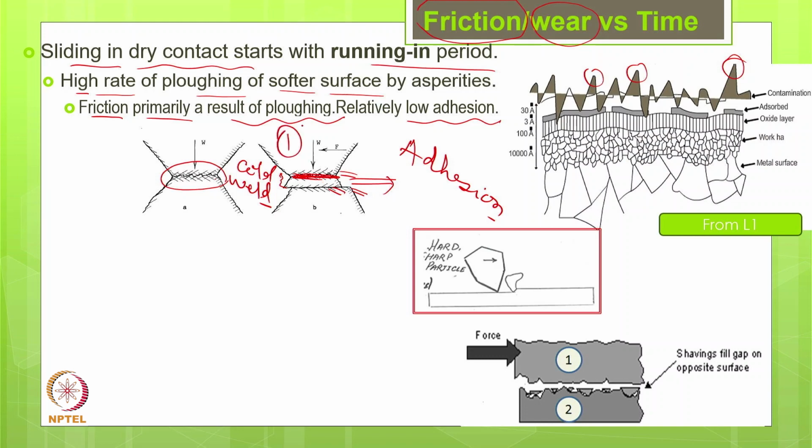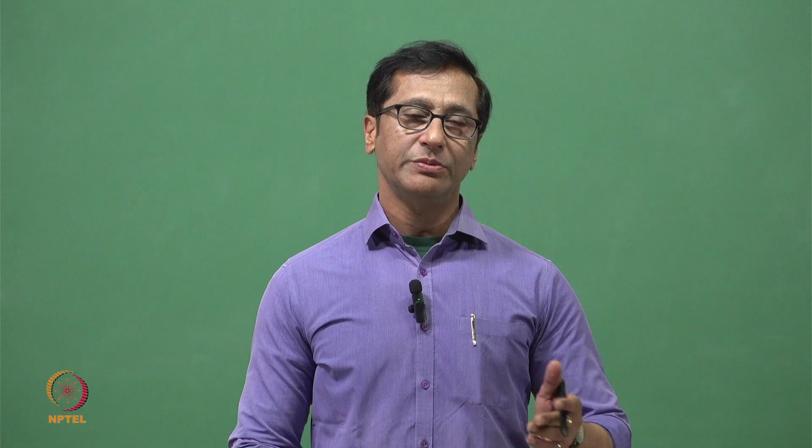Here this is material 1 and this is material 2, and the cold weld strength will be more than material 2. That's why the whole piece is getting transferred to material 1. That's what we call adhesive wear. We will be discussing this in lecture 4.